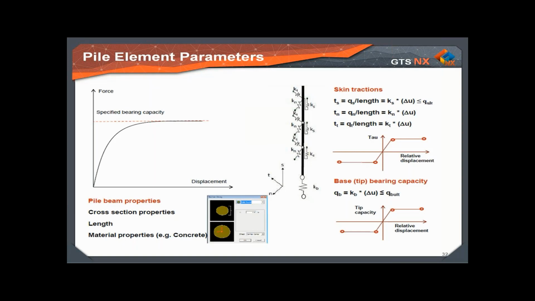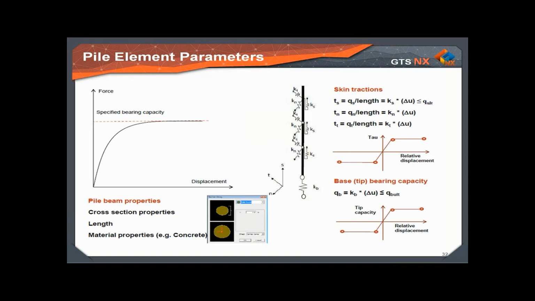The same goes for the base or the tip bearing capacity. You have the QB, Q bottom, which equals the K bottom, which is the base stiffness, multiplied by delta U, and this has to be less than or equal to the Q bottom ultimate, which is a value for tip bearing capacity input, again for your model.